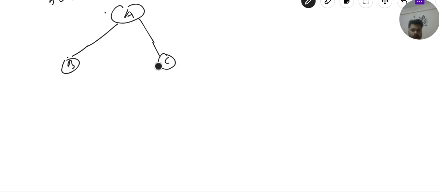For example, let's say that we are having A. This is our A node. This is our, I can say, C node. This is the structure we are talking about. So for example, let's say it is a DB node.